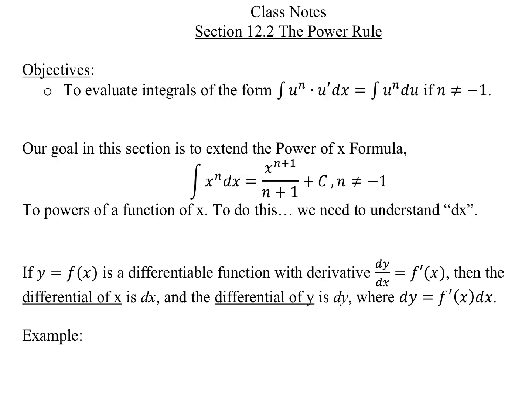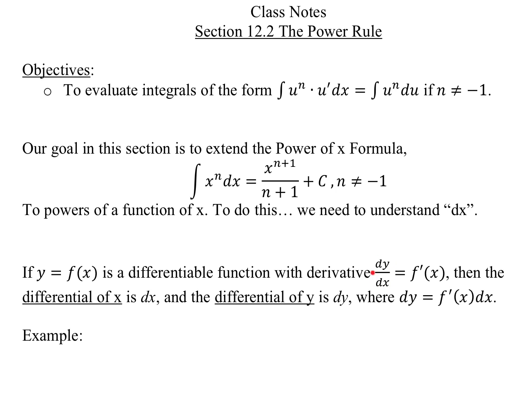All right, so back to the regular notes. In order to expand our regular power rule of x, we need to first of all think about what dx is in this anti-differentiation. So dx is called the differential of x, and dy would be the differential of y.